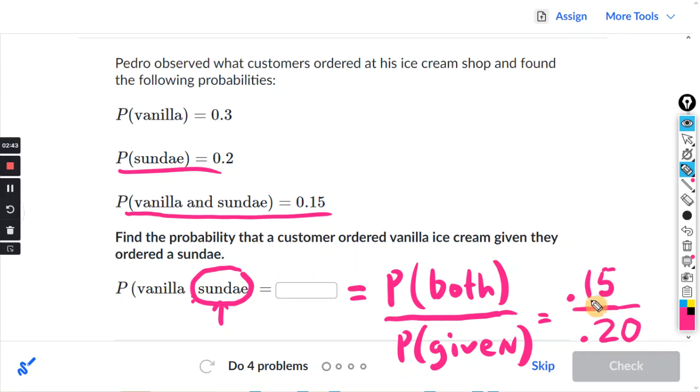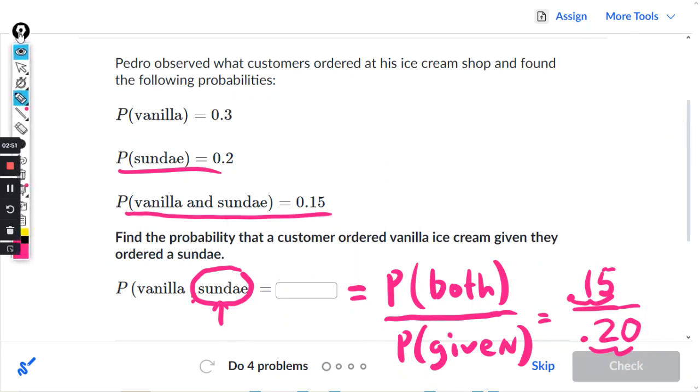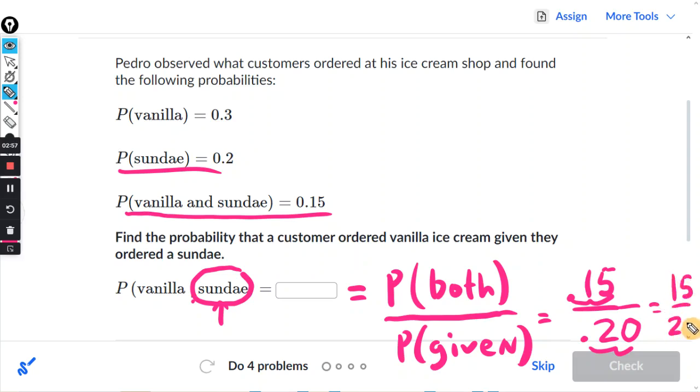If you move the decimal over 2 places, 1, 2, 1, 2, that's just a fraction. And that fraction is going to equal 15 over 20. If they ask us to reduce it, I will do that, but let me test it and find out. See if they take 15 over 20.